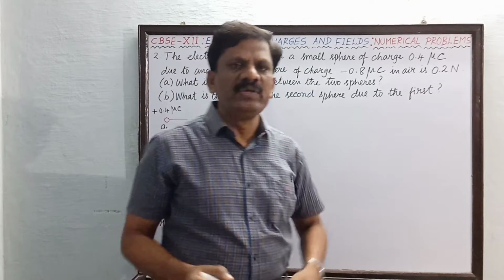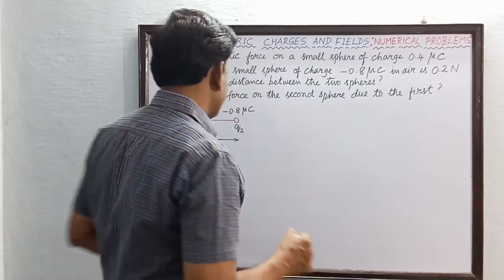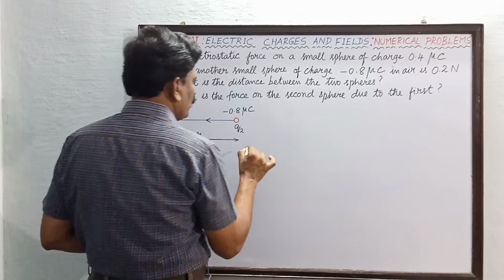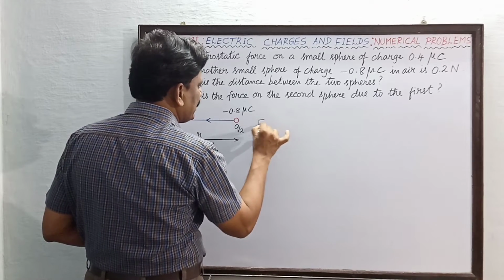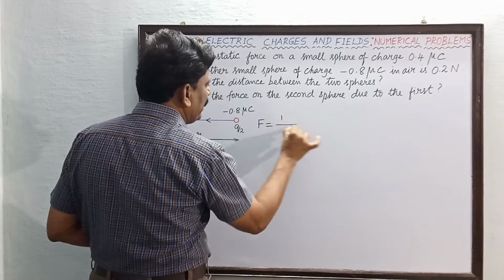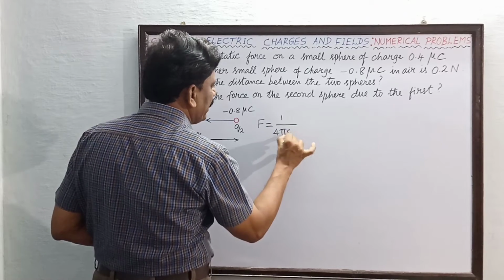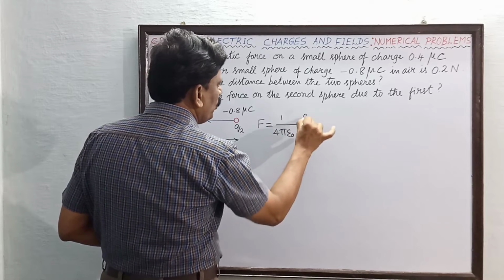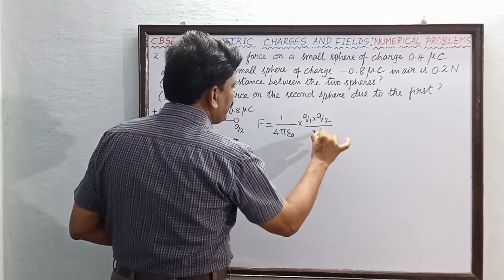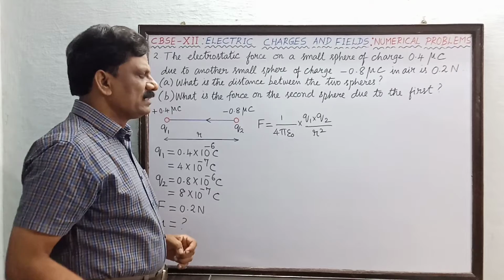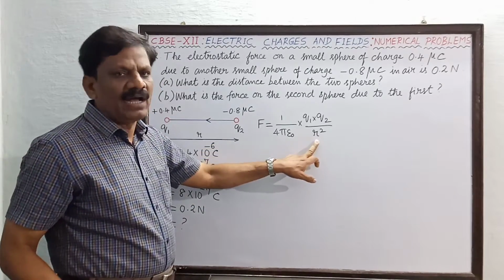So once again we are going to use Coulomb's law of electrostatics. From Coulomb's law, I will write the magnitude of the force. F is equal to 1 by 4 pi epsilon naught into Q1 into Q2 divided by R square. This time I want to find R, is it not?